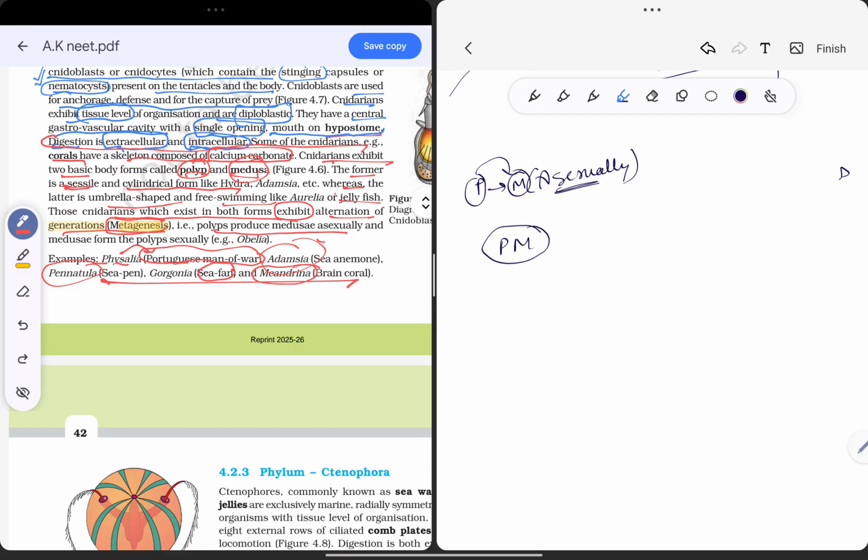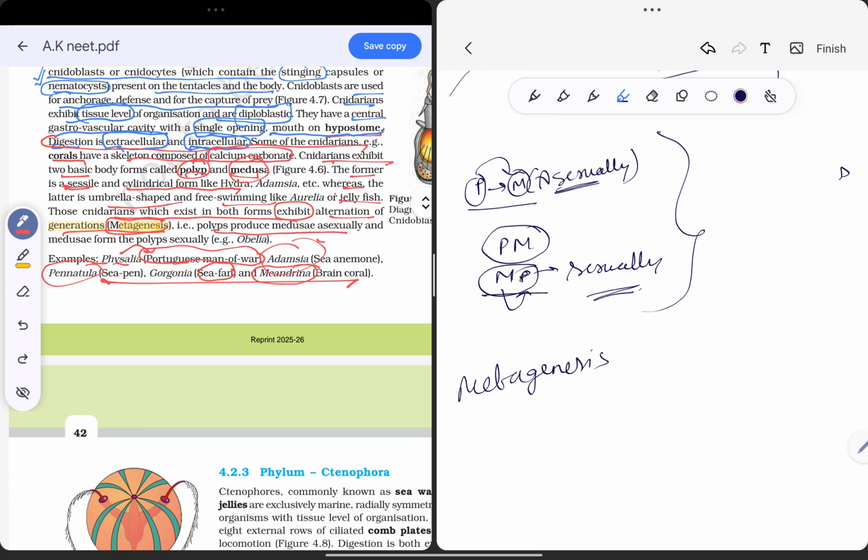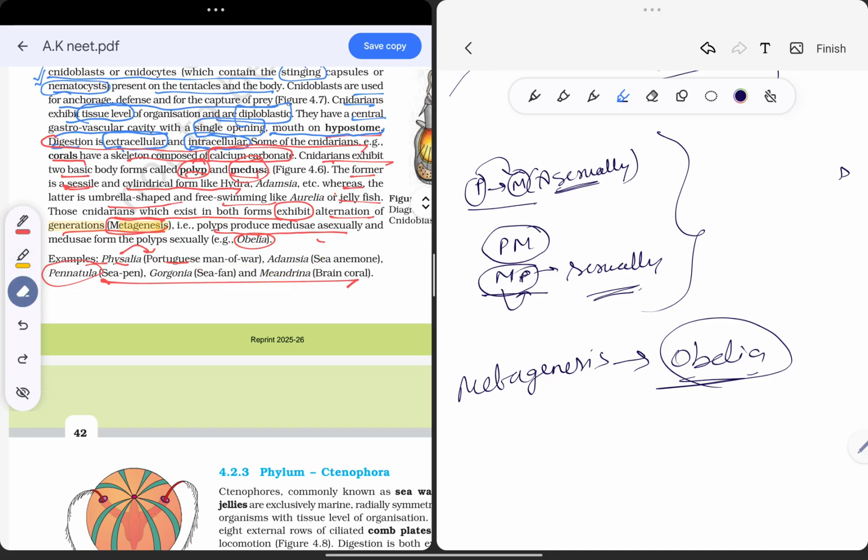But M to P, if the free swimming form converts into the sessile form, it is sexually. The organism showing this metagenesis, converting P to M and M to P again, is Obelia. Check it out, Obelia.